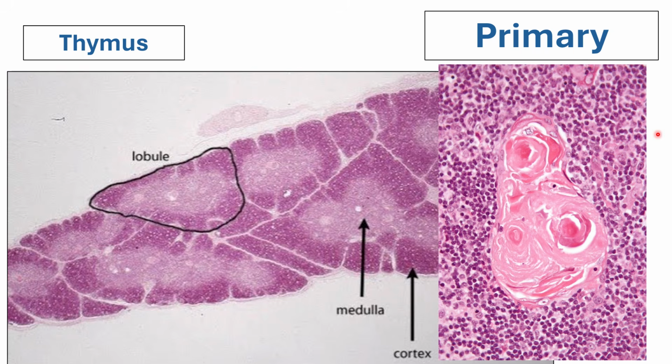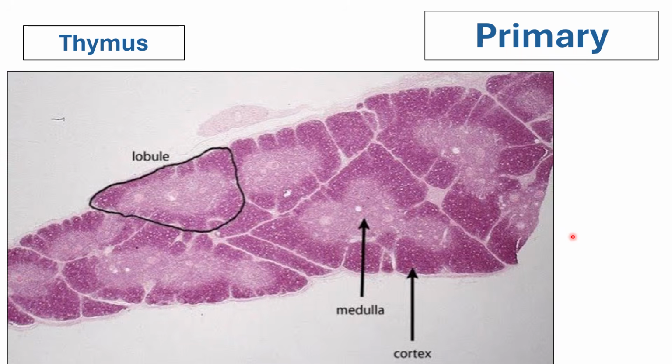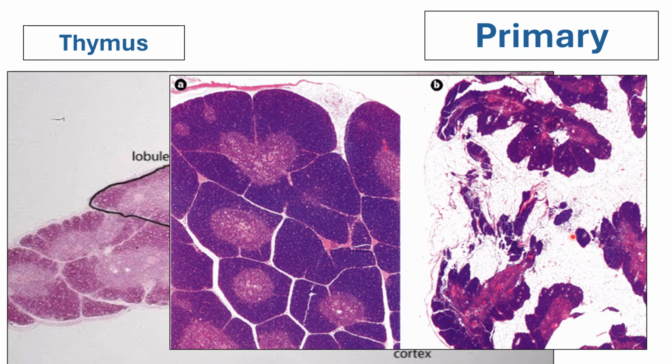Okay? So again, these thymic corpuscles are composed of your epithelial cells, and some of them would contain keratohyalin. So if they become more mature, there will be a pinkish glassy appearance of the central area of your thymic corpuscles.